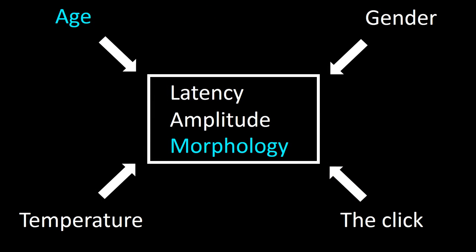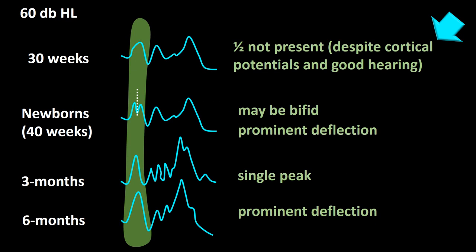Age also affects morphology. At 30 weeks of conceptual age, half of the time wave 1 is not present despite good hearing judged by behavior. By 40 weeks, wave 1 is often biphasic, and it is often followed by a prominent deflection.